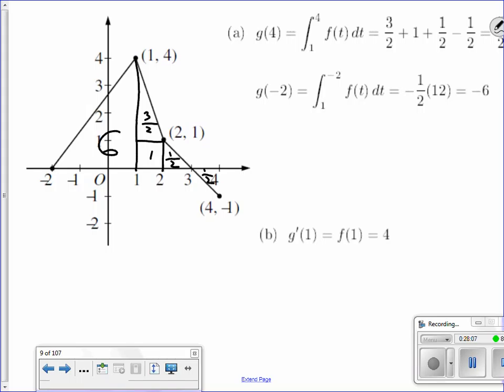So the definite integral from -2 to 1, area above minus area below, would be 6. But you had to switch it here. That's why it's -6, because the lower limit wasn't less than the upper limit. So you had to switch it. That's why they got -6. Questions on the first one? So this is the 99A.